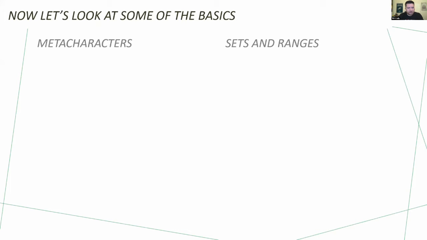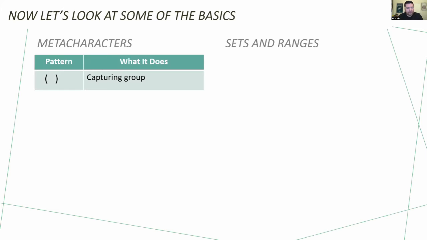A couple more characters, our meta characters, before we hop into demos here. It's important to know what a capturing group is. With every Tableau calculation, you're going to have your parentheses already, but these exist a level lower down. It's specifying exactly which group you want to identify as a search pattern.